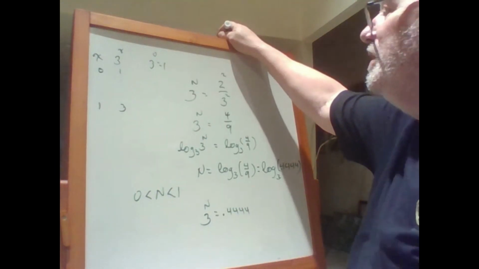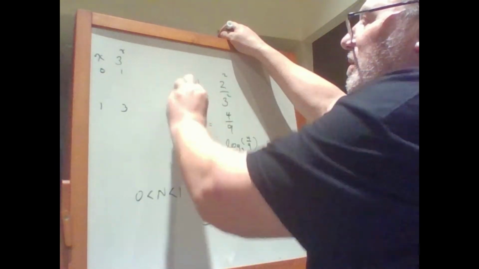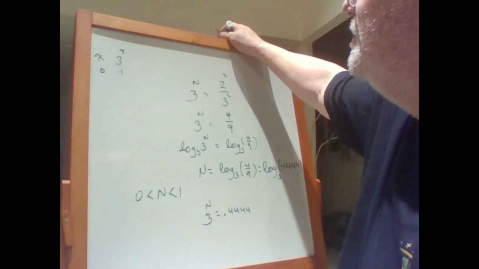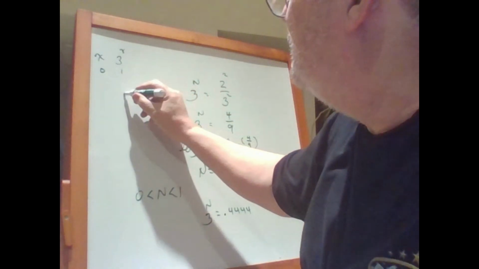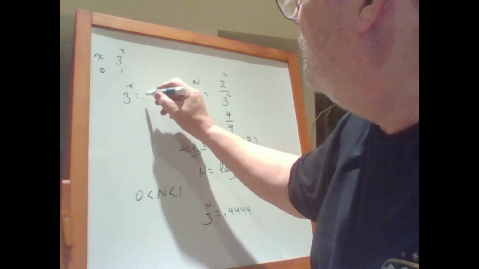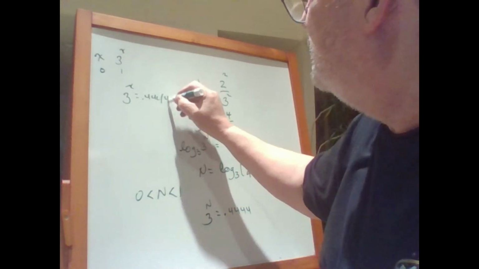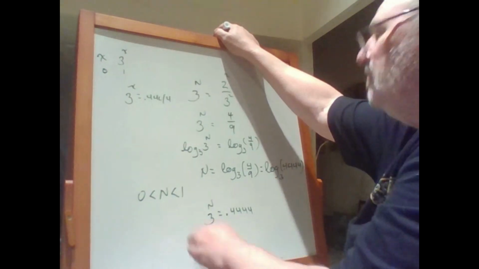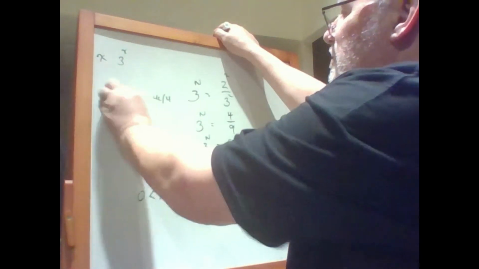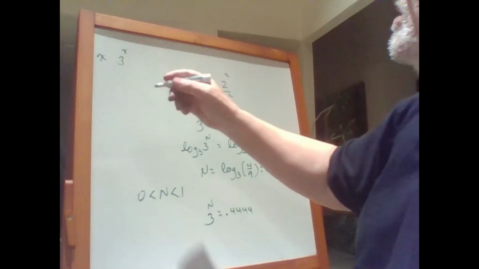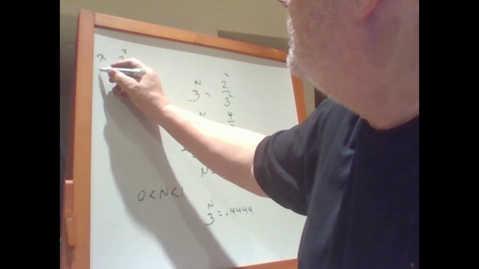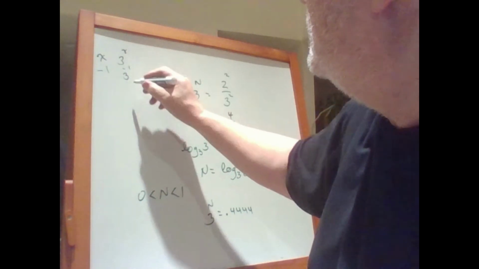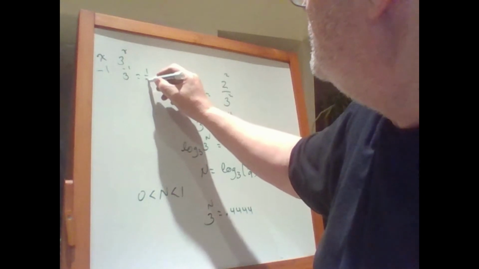So we need a fraction. We need 3 to the x equals 0.4444, and 0 is too big. So let's try minus 1, and that's 3 to the minus 1, which is 1/3.